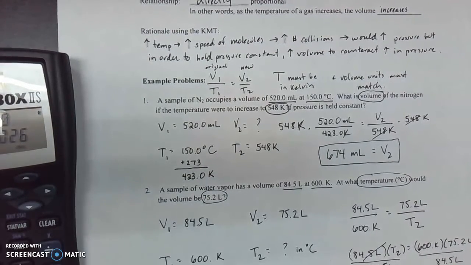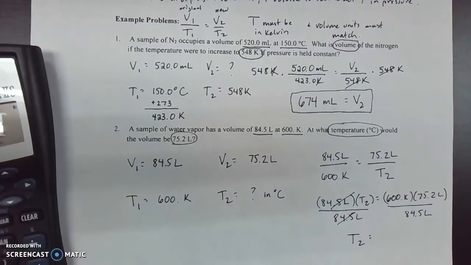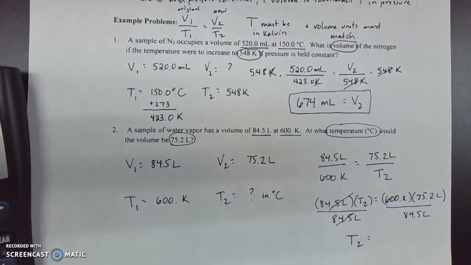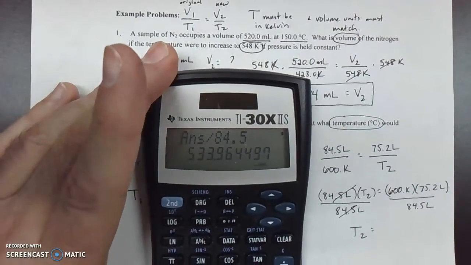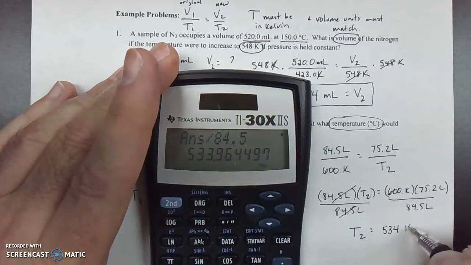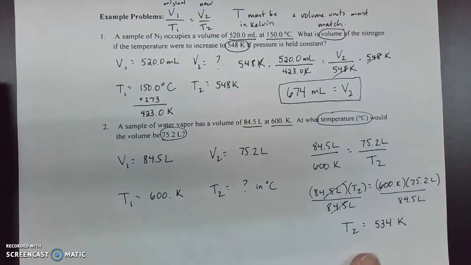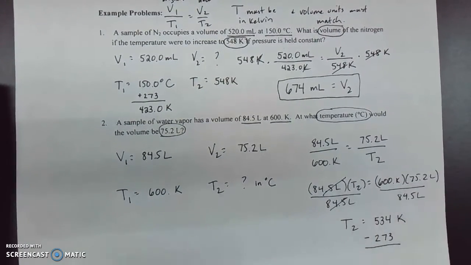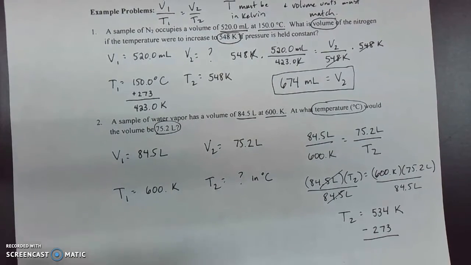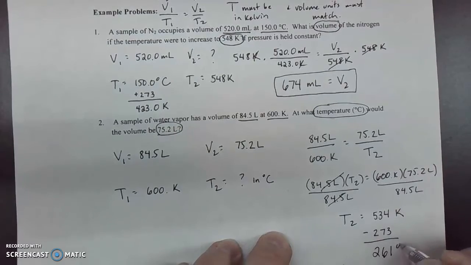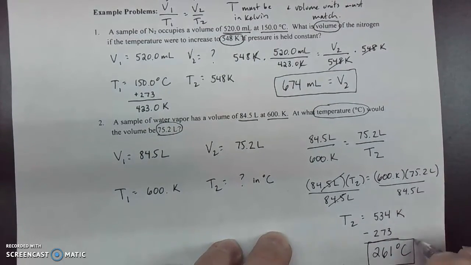That crosses that out and gives us T2. So we take 600 times 75.2 divided by 84.5, and that gives us this answer. But we need 3 significant figures, so 534 Kelvin. We want it in degrees Celsius, so we subtract 273 from that. 534 minus 273 gives me 261 degrees Celsius. And there is my answer.